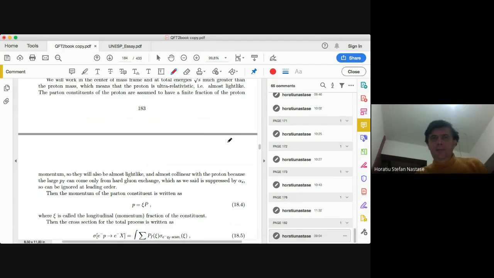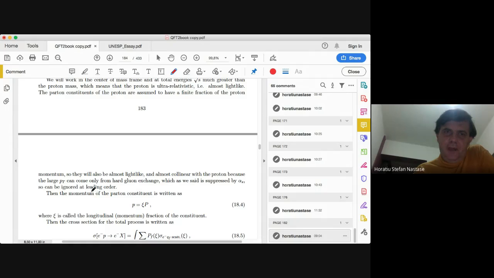And then we will assume that the parton constituents of the proton have a finite fraction of the proton momentum itself. So they are also almost massless themselves, and that also means almost collinear with the proton.